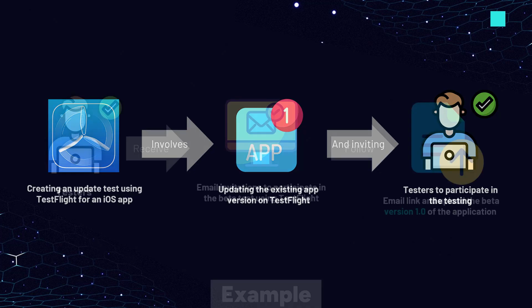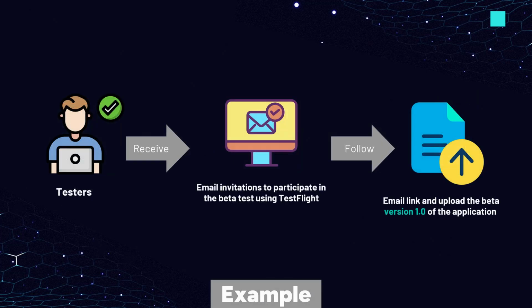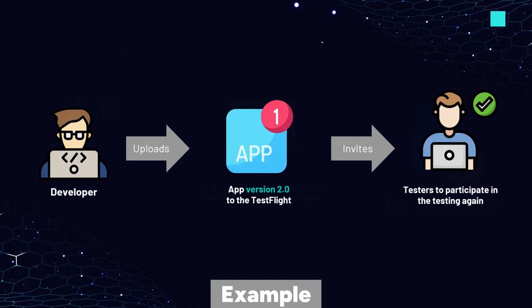For example, testers receive email invitations to participate in the beta test using TestFlight. They follow the email link and upload the beta version of the application, such as application version 1.0, to the testing device. Then the developer uploads the beta version of the application to TestFlight again, such as application version 2.0, and invites the tester once more to participate in the beta testing of the app.